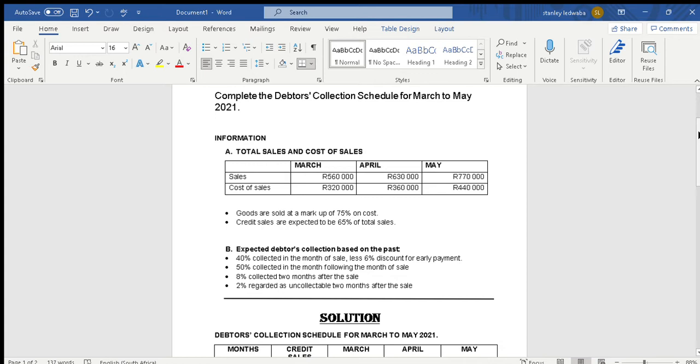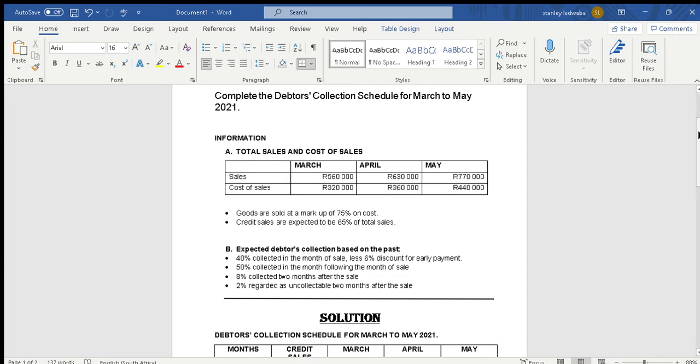If you go to a store and buy on credit in June, they are going to collect their debt in the very same month, June, and they will give you a 6% discount because it is an early payment. Then they collect 50% in the month following the month of sale, meaning if you bought on credit in June, they will deduct it in July. Then 8% in 2 months, so it goes with a trend.